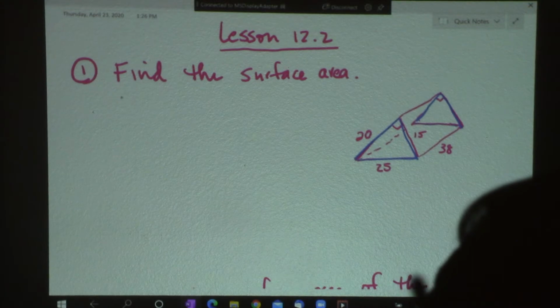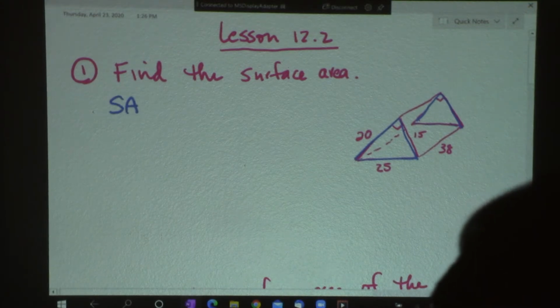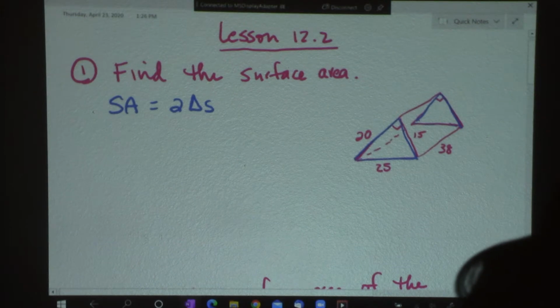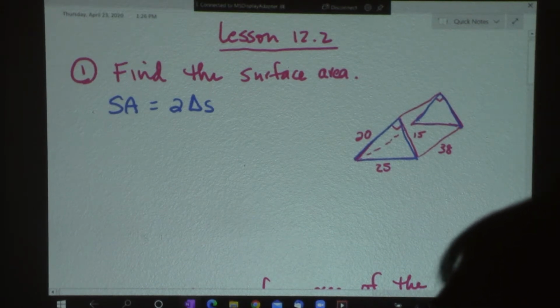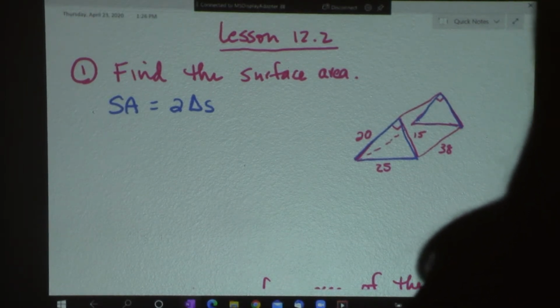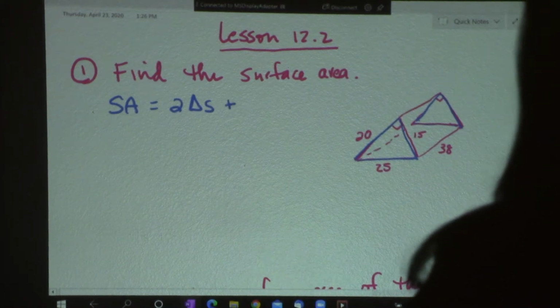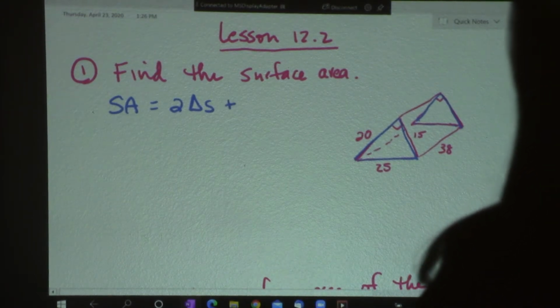So what we have here, when I'm trying to find the surface area of this shape, is I'm going to have two triangles that are exactly the same, because by definition a prism has two of the same bases. And I'm also going to have three rectangles, but they're all different.